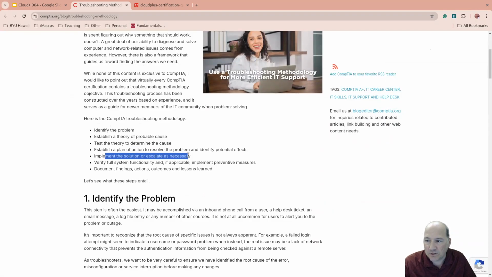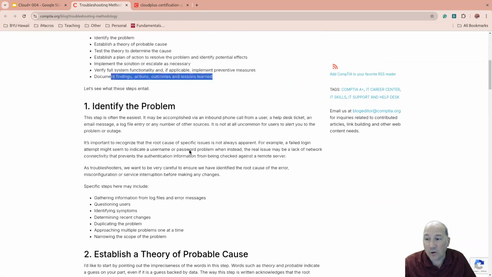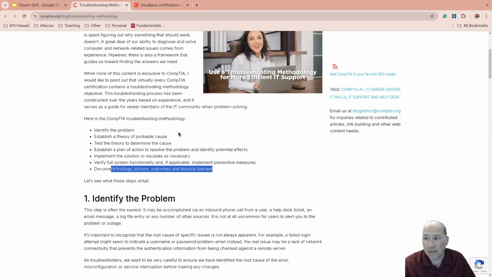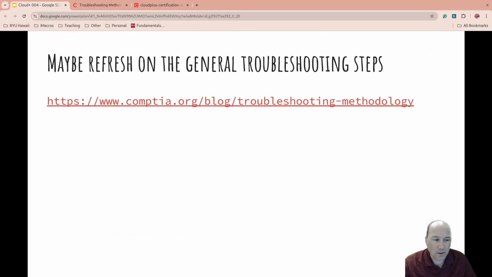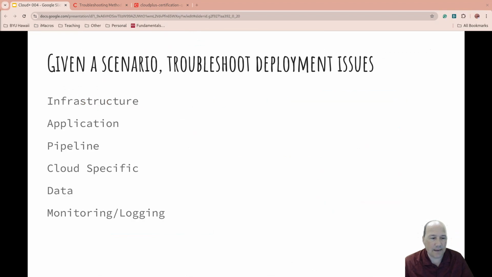We implement the solution or escalate as necessary. We verify full system functionality and, if applicable, implement preventative measures. We document findings, actions, outcomes, and lessons learned. And then they go into depth on each of those. Okay? I'll link to this down below. So those are the steps.